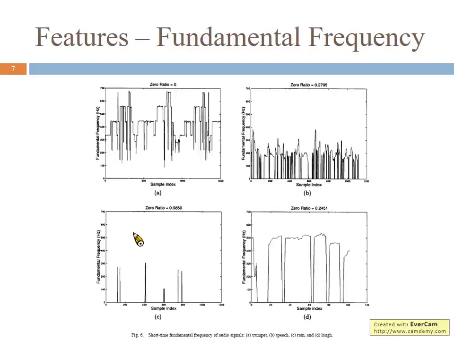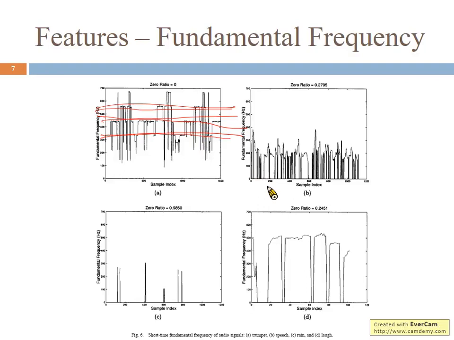And these are 4 examples showing different sound effects and the corresponding fundamental frequency. The first one is a musical instrument, trumpet. We can see that most of the time the fundamental frequencies are located at several levels, like here, and here.